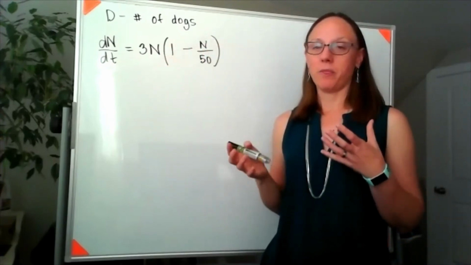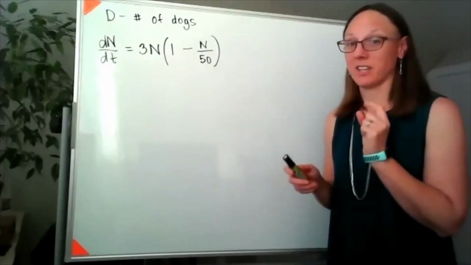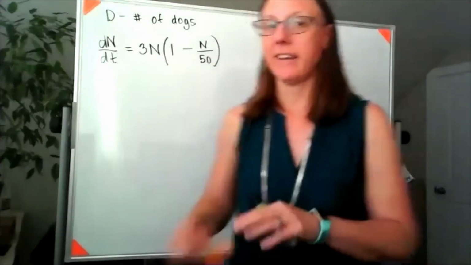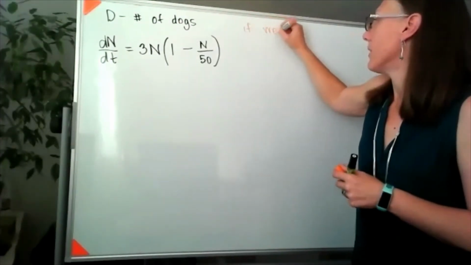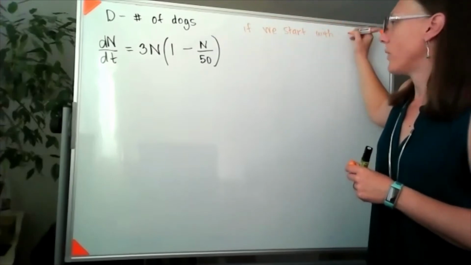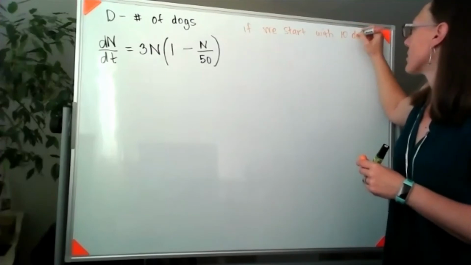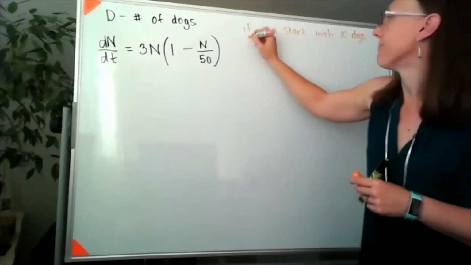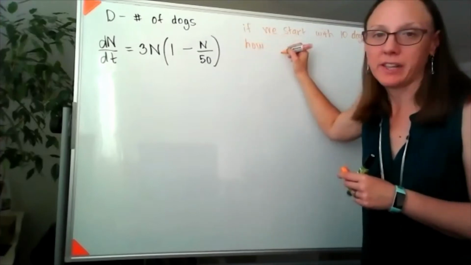There are a lot of questions that we can ask ourselves, but the question that I want to answer is, if we start with 10 dogs, how many will there be after a really long time?